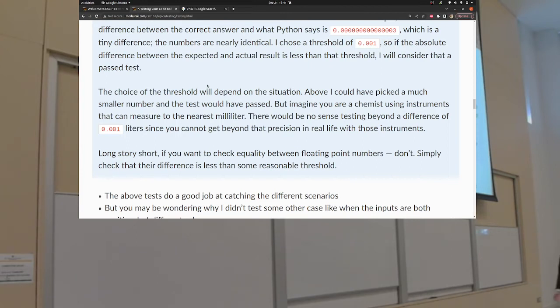So reasonably, I could check if the difference is less than 0.001 and be really happy, right? Like a tenth of a milliliter. There's no sense checking anything more precise than that because the instruments they use in the first place can't be more precise. Long story short, whenever comparing floating point numbers, you don't. You calculate their absolute difference, and then you check if that's less than some threshold. Pick a reasonable threshold. Any questions about that?